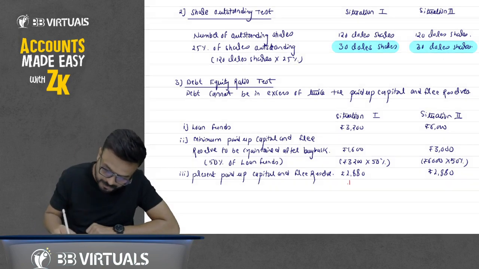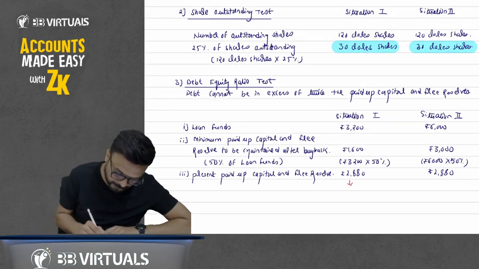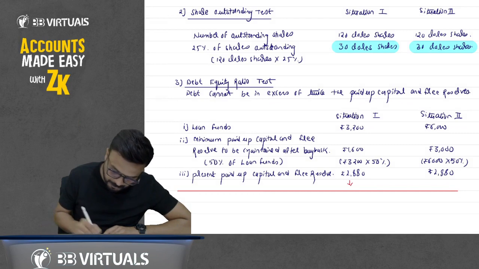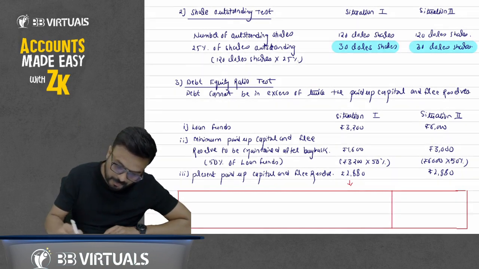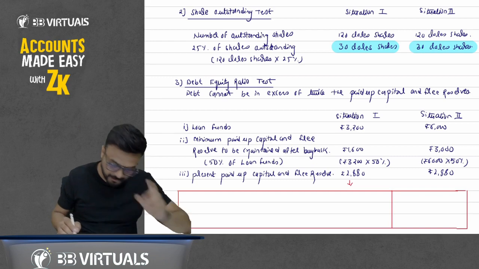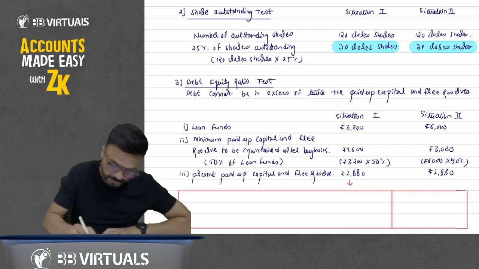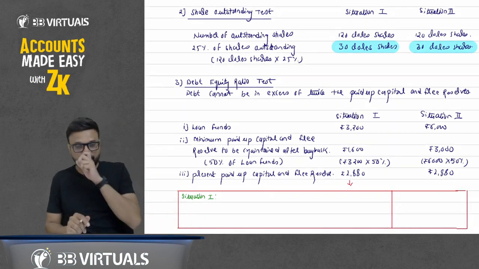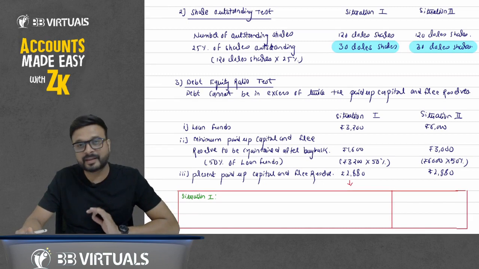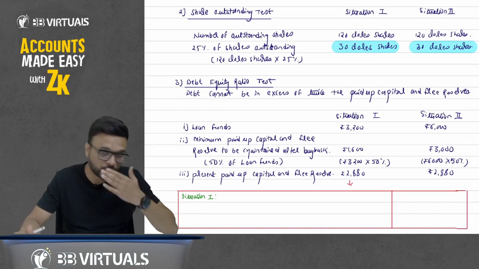Now understand this point. Just give me a minute. Situation 1. Whenever I use any color other than blue, that is for your reference; no need to write in examination.